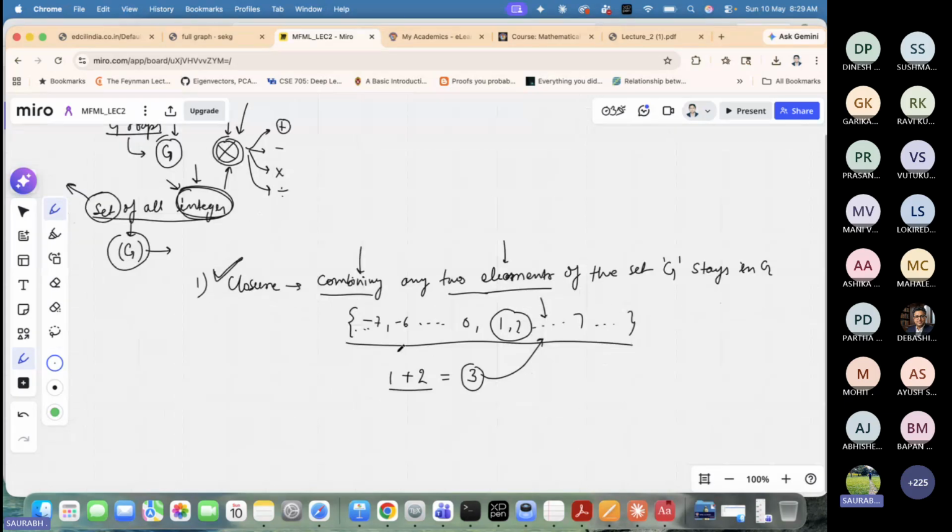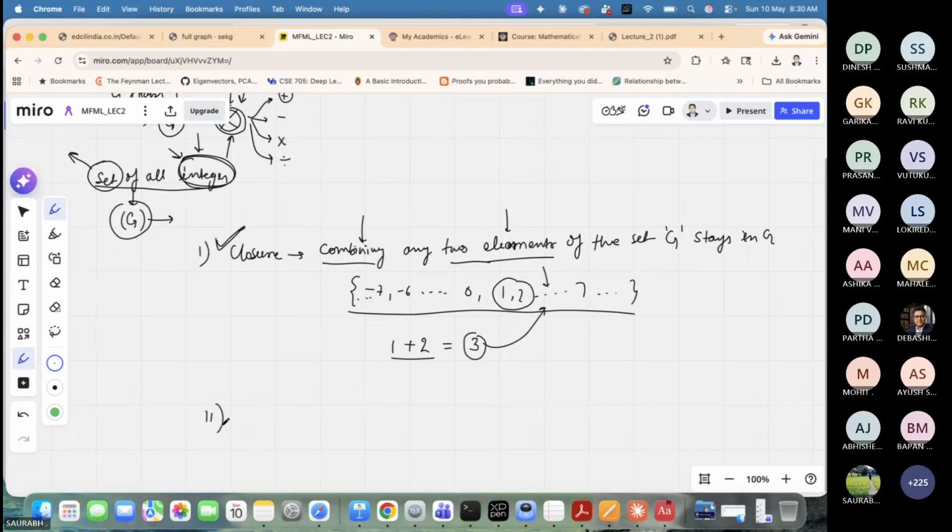Now the second thing is associativity. What is meant by associativity is that if you combine things, grouping doesn't matter. Let's say, for example, you take three items from the set of integers.